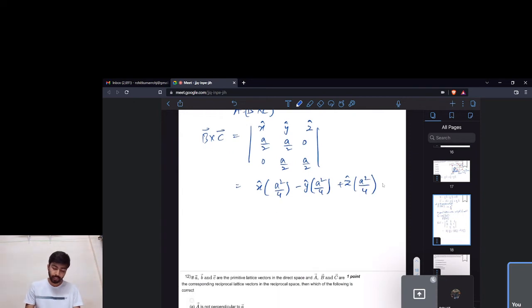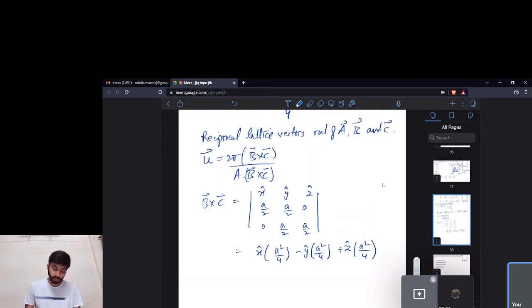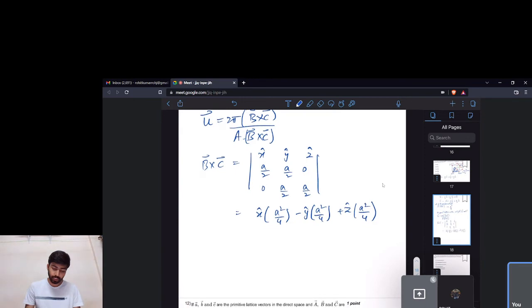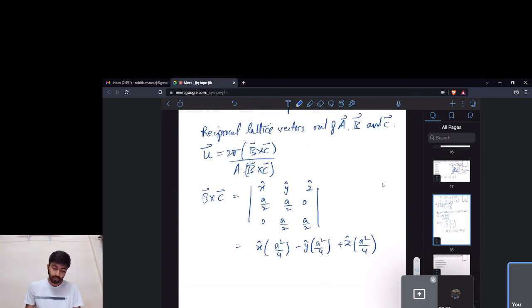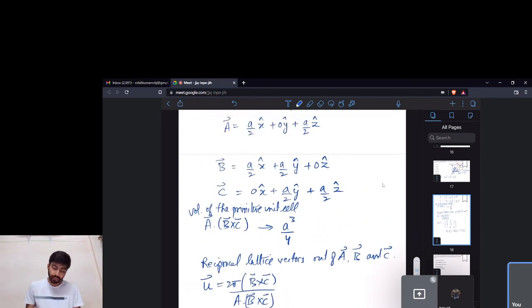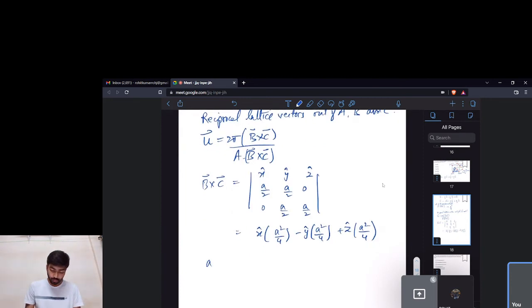Okay, and if we find this B cross C we have found out, so taking a dot product with A would give us A. We already have A as A by 2 x cap plus 0 y cap plus A by 2 z cap. So now we are finding A dot B cross C, that is the volume.